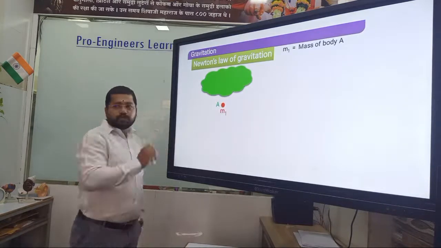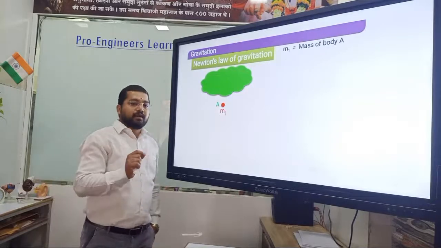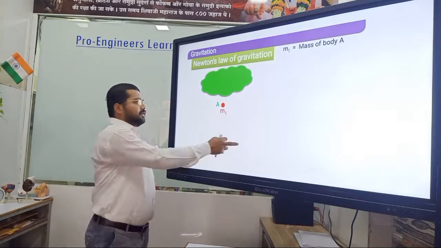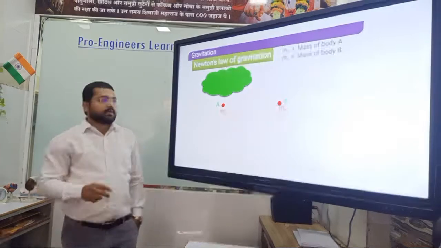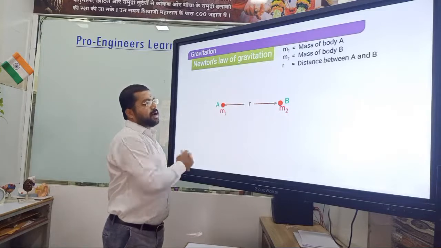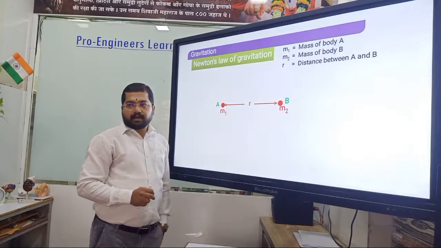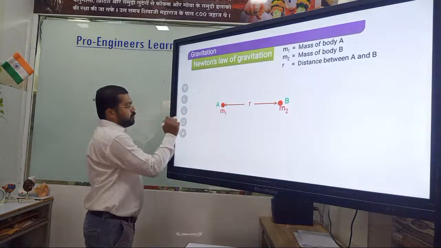So suppose we have an object A with mass m1, object B with the mass m2, and they are both separated by a distance of r. Many times students make mistakes, which is most important to understand.